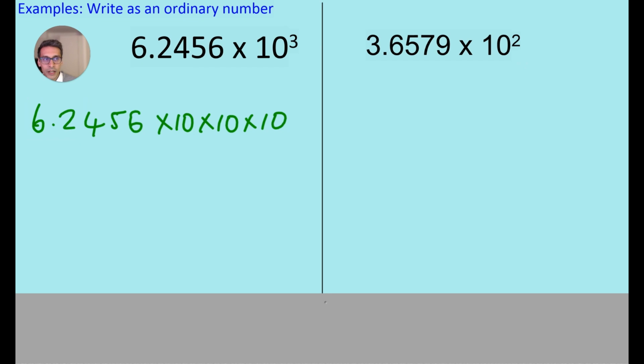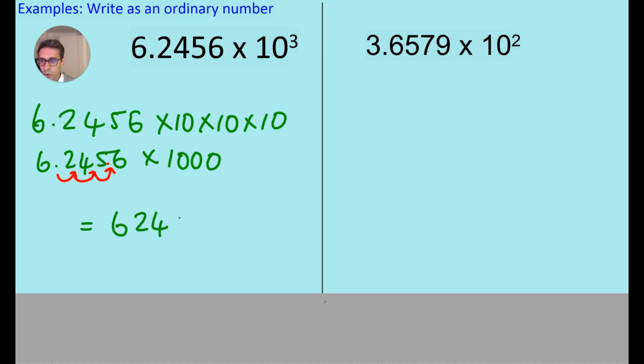And then we want to write this out a bit shorter. 6.2456 times 1,000. Now that means the decimal has moved 1, 2, 3 places. So that's where it ends up. So let's just write this a bit neater. This is going to equal 6245.6. That's your answer.